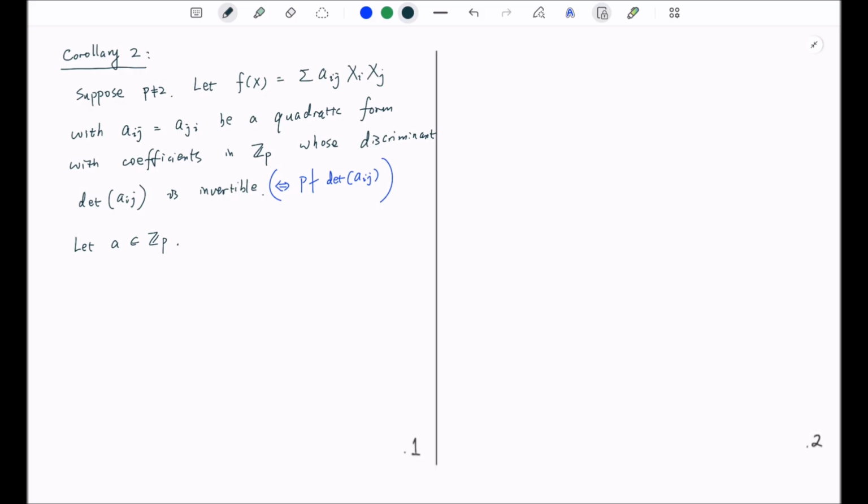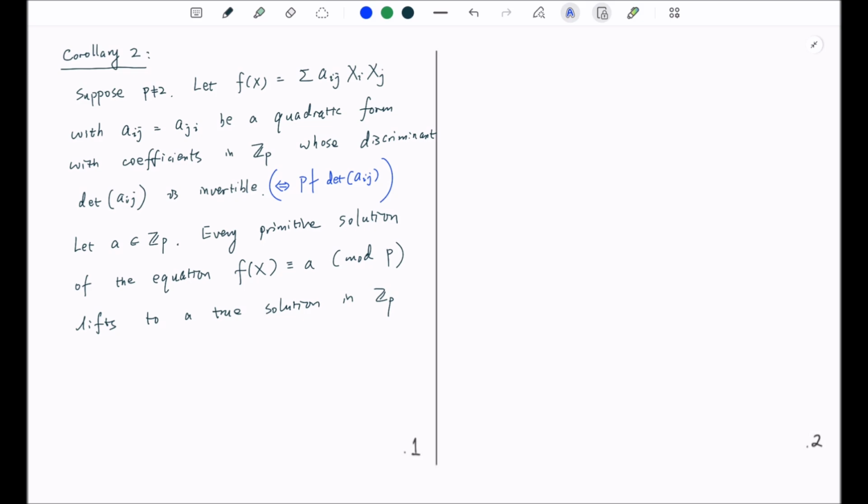Then every primitive solution of the equation f of x congruent to A modulo p lifts to a true solution in Zp.